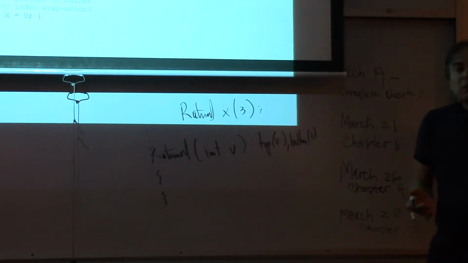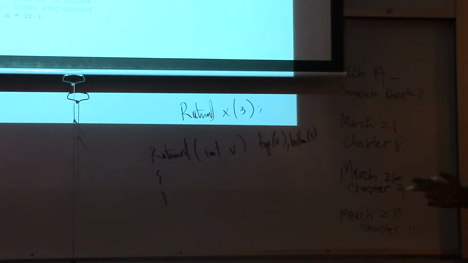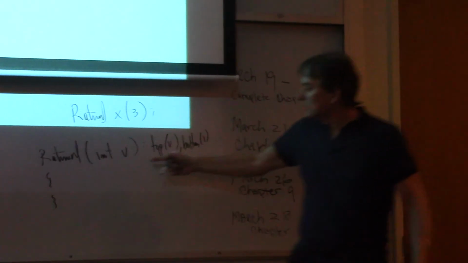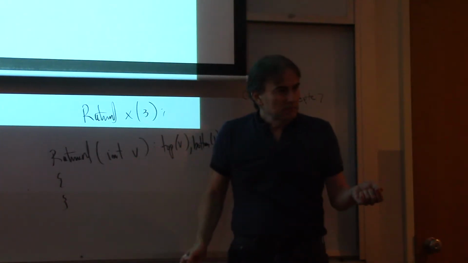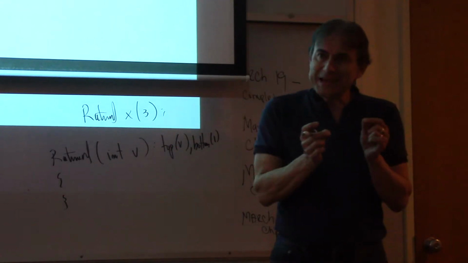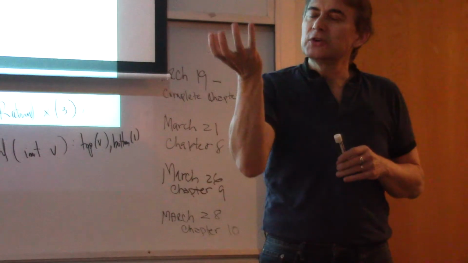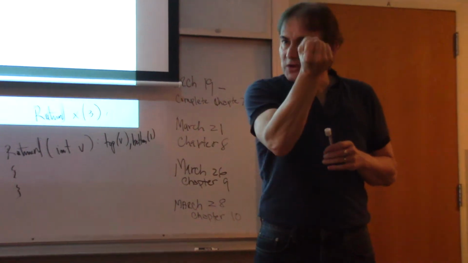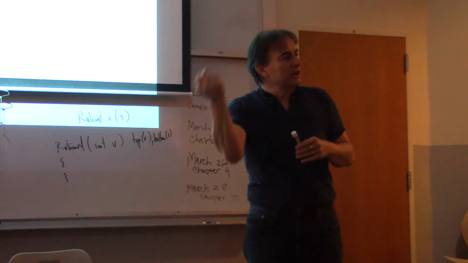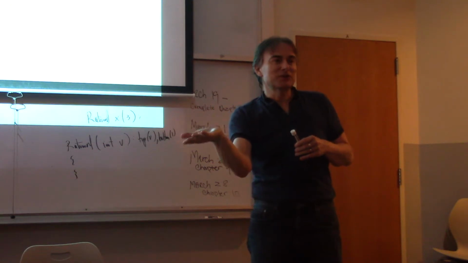Makes sense, right? So I'm defining a constructor for an int parameter to construct a rational. But at the same time, if you think about it, I'm kind of defining how to convert an int into a rational.